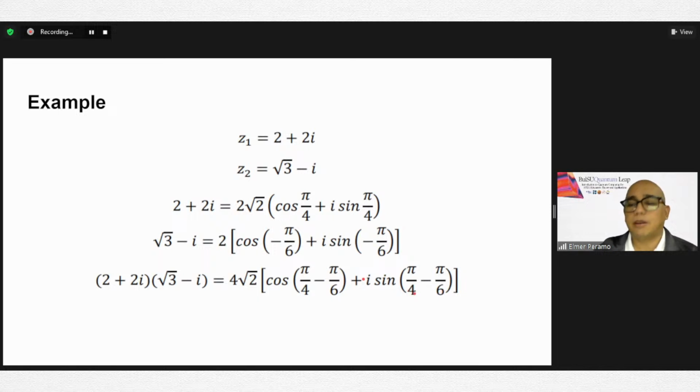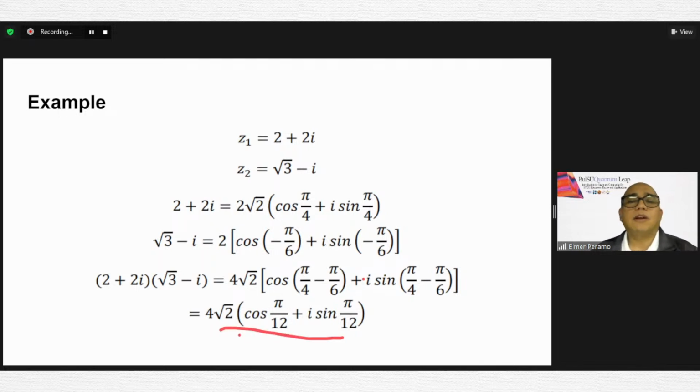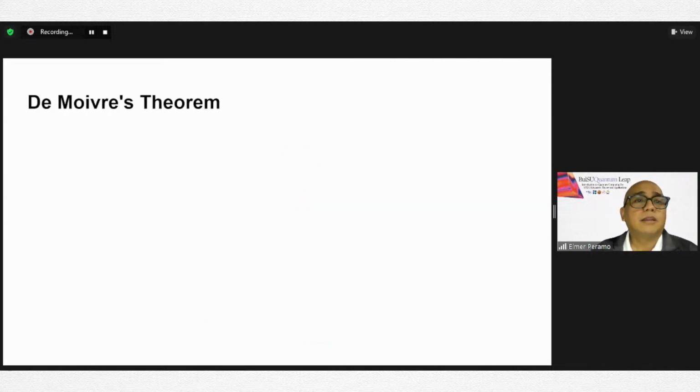Pi over 4 minus pi over 6 is pi over 12. So this is the final answer, and this is in polar form. You can actually change that to rectangular form using the formula that I presented a couple of slides before.